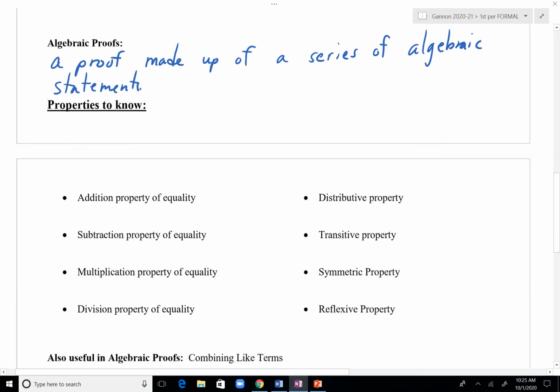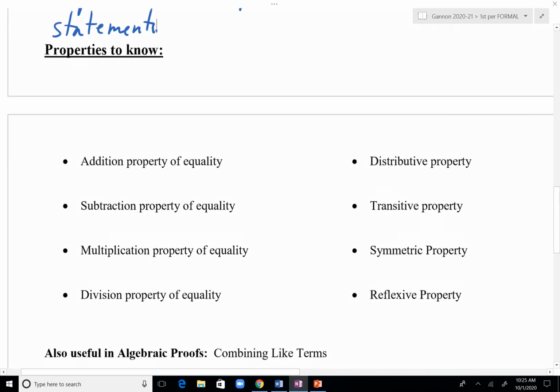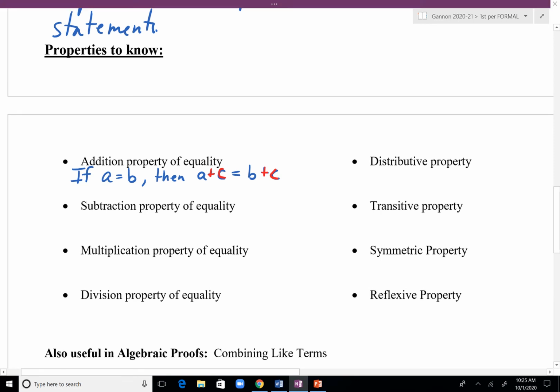So there's some properties that we have to know when we do algebraic proofs. There's something called the addition property of equality. And basically what the addition property of equality says is if A is equal to B, then A plus C is equal to B plus C. Meaning we can add the same thing on both sides of the equation and still get a true equation.